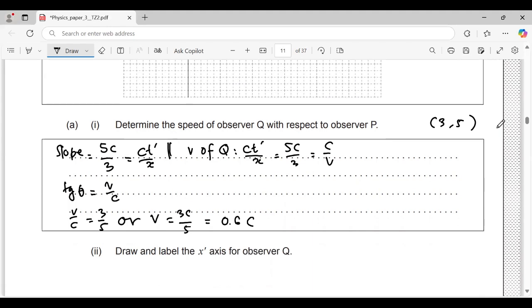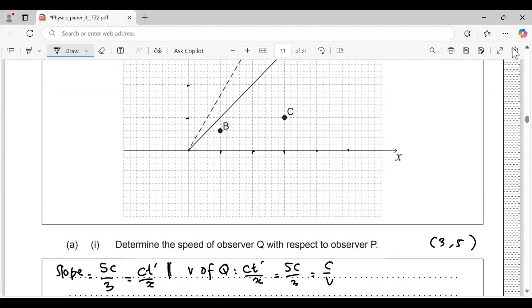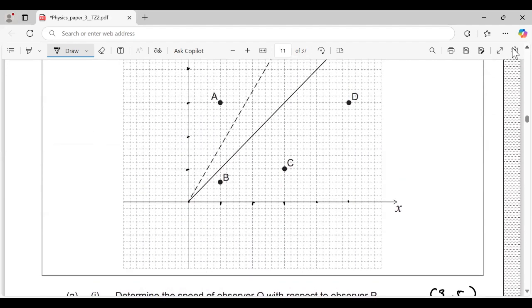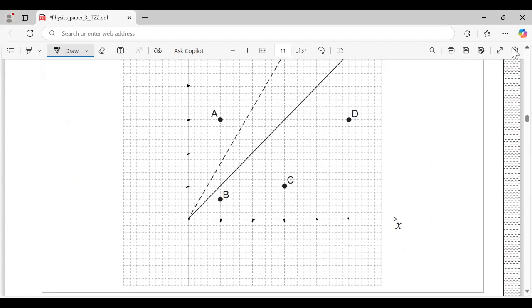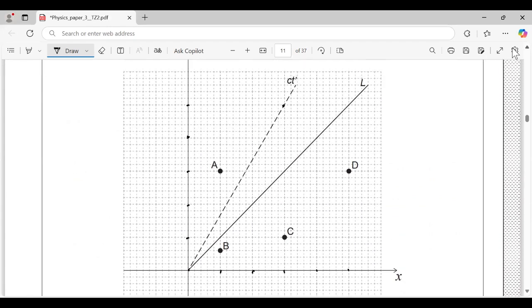Draw and label the x' axis for observer Q. The slope will be minus, okay, minus 3 over 5.